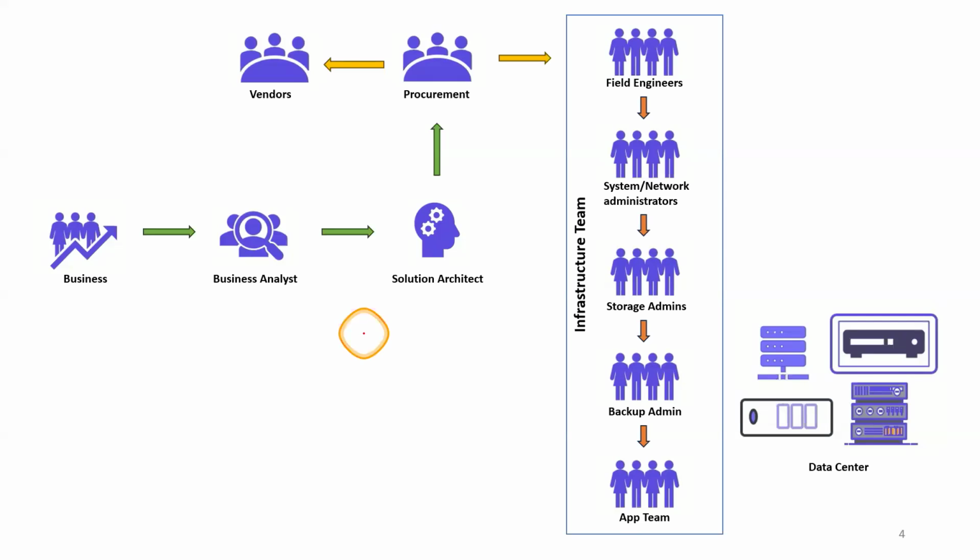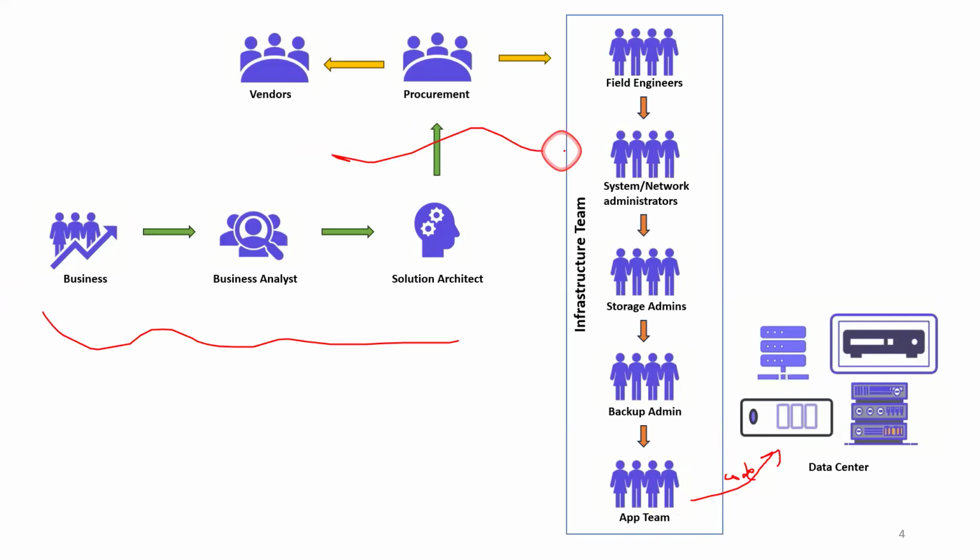If you look at it, the turnover time is very high. If I want to make everything ready for the application deployment, it takes a lot of time. This is where we do the code deployment, and until here we are taking a lot of time in almost all the stages.